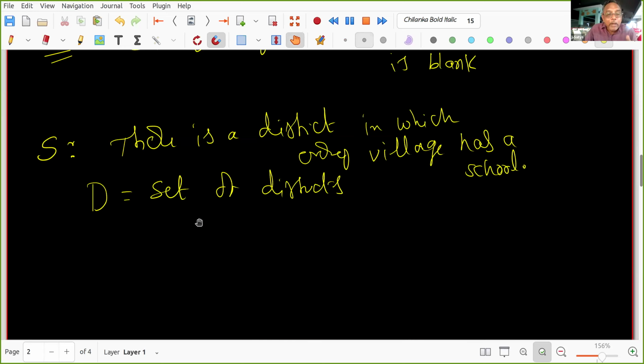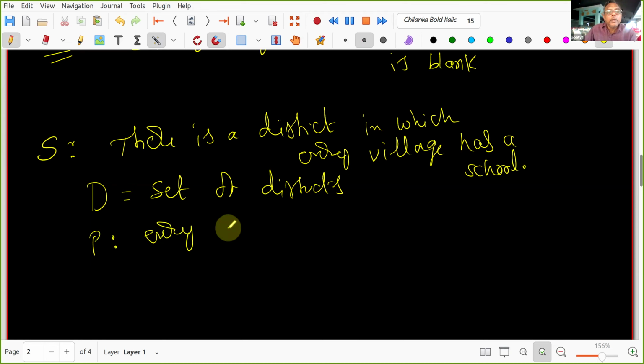This is the property of a district: every village in that district has a school. Wonderful. The entire thing is a property.